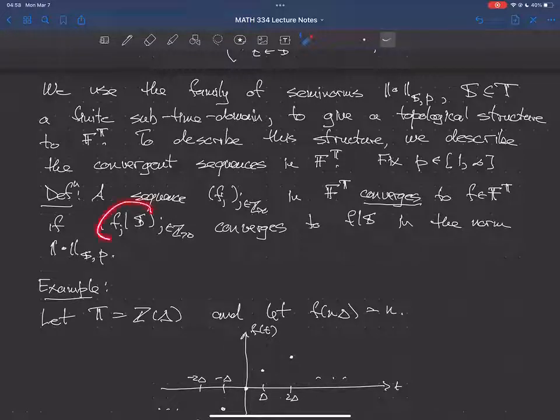This is really convergence in a finite dimensional vector space, namely the vector space of signals on S. And we know that for finite dimensional normed vector spaces, convergence and all concepts associated with topology, continuity, etc., do not depend on the norm that you choose. And so for this space, you can use whichever of these norms you wish to talk about convergence.